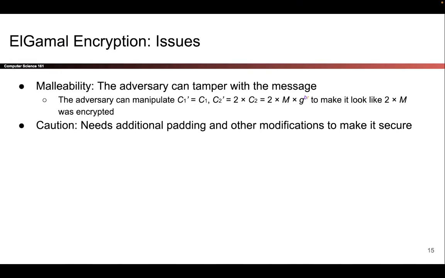ElGamal encryption provides confidentiality, but it does not provide integrity. One attack that attackers can do on ElGamal encryption is something called malleability. In this attack, Mallory, a man-in-the-middle attacker who can tamper with messages, is going to change the message and cause Bob to decrypt something that is predictably different.